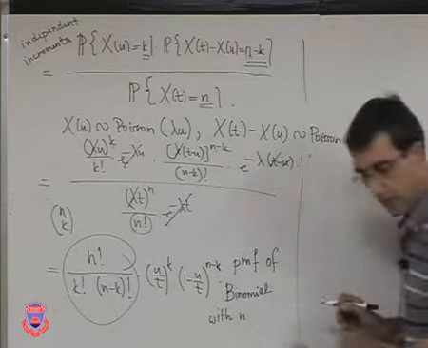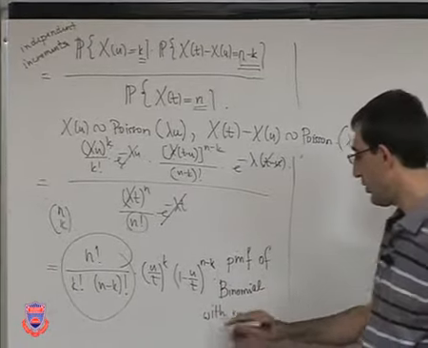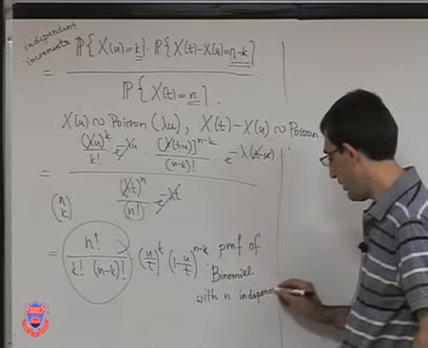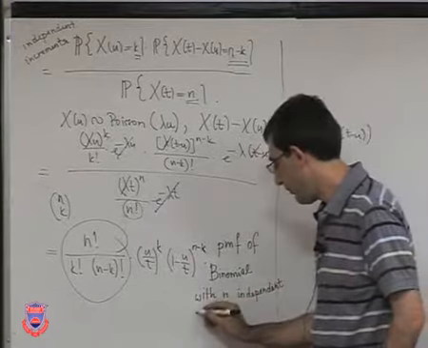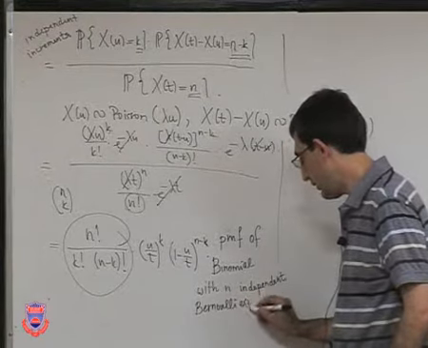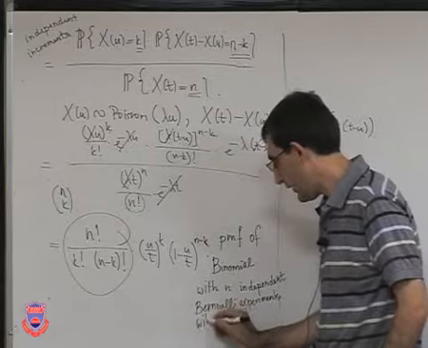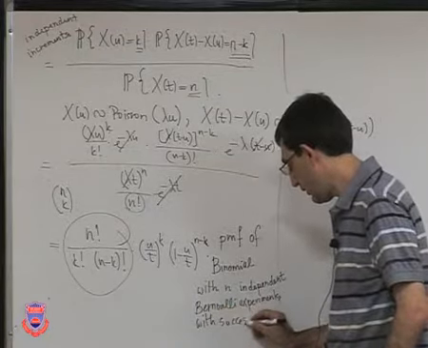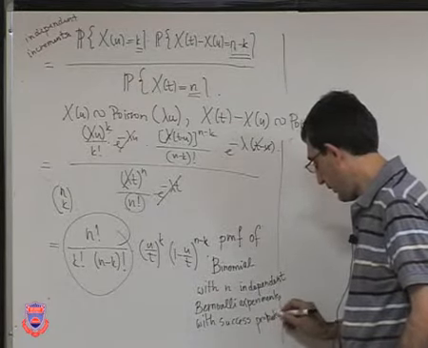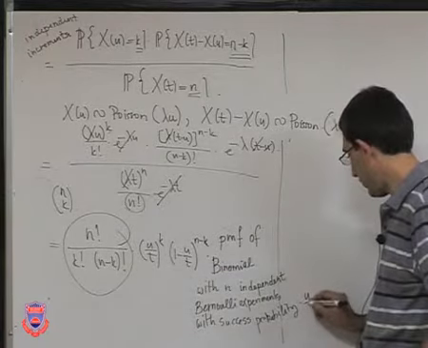Just to remind you how you typically get a binomial distribution: with n independent Bernoulli experiments, with success probability, in this case, u over t.